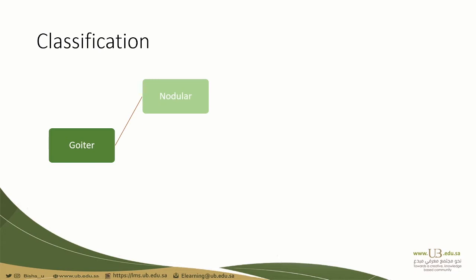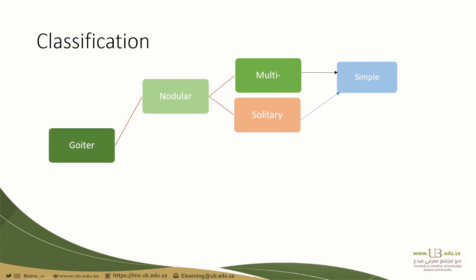So the goiter can be nodular. That means there are nodules, either multiple or solitary nodule as a single nodule. Both of them, either multiple or solitary nodules, can be simple and can be toxic.